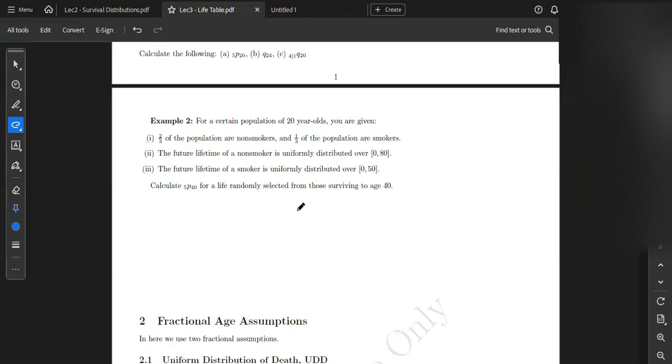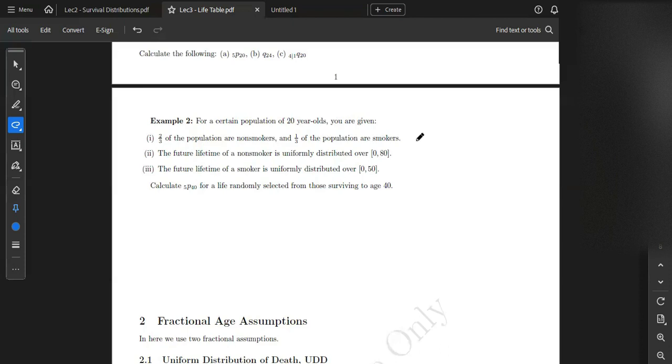And the other thing is, since we don't have a life table, it doesn't say that we need to calculate all the values in the life table to get it.